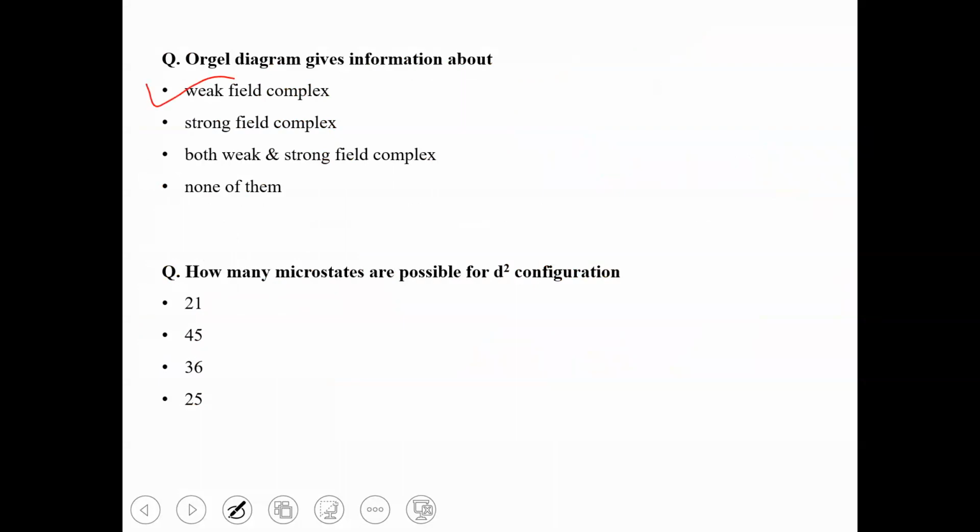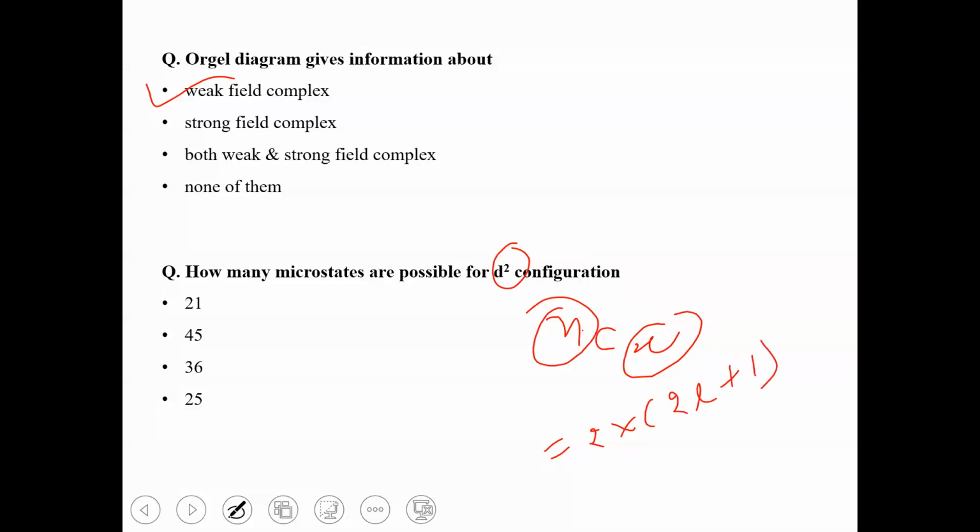And the second one: how many microstates are possible for the d2 configuration? Just apply the formula, the nCx combination formula. Here x is the number of electrons present, and the value of n will be the maximum number of electrons that can be filled in that particular orbital, or you can also get the value of n from this formula.